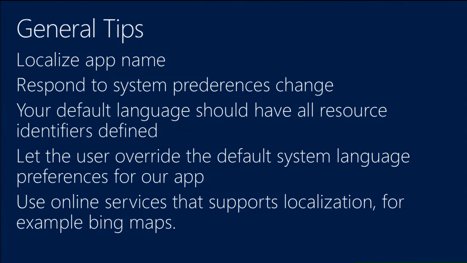Try to respond to system language preference changes. If the user changes the preference, you can have an event listener, and you can prompt the user to either keep using the current language or switch to the language they changed to.